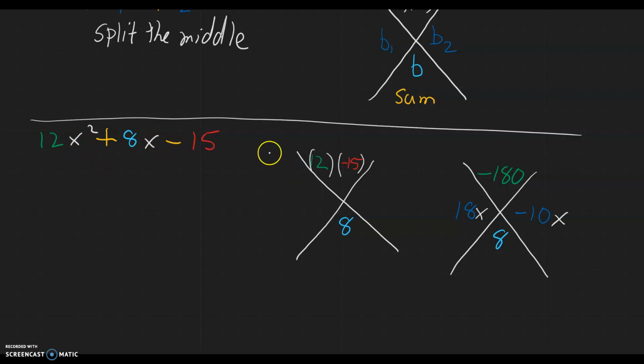Now I'm going to rewrite my original quadratic trinomial. Tri means 3. I'm going to rewrite it into 4 terms. So now I'm going to have 12x squared plus, okay, this is where splitting the middle term comes in. I have my 18x here, so I'm going to write 18x. And then minus 10x, so it's actually a negative 10x here, which is the same thing as minus 10x.